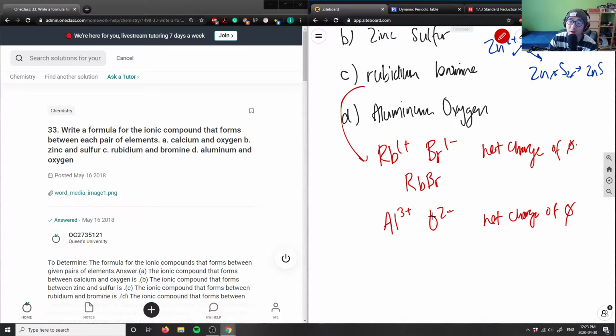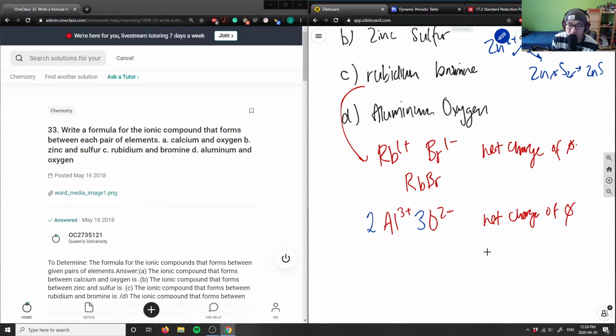To do that, I can think about using the lowest common multiple between 3 and 2, which would be 6. So I would have to add a 2 in front of aluminum and a 3 in front of oxygen.